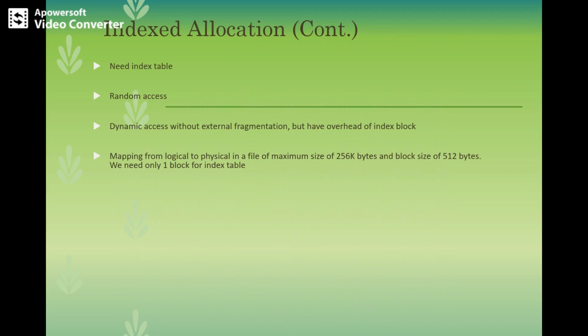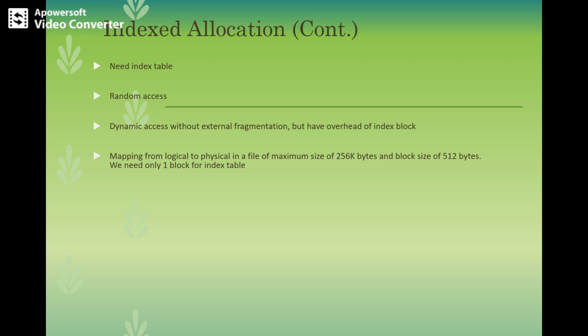What is required in this index allocation is an index table. It needs random access, and dynamic access is also possible without external fragmentation, but it has the overhead of storing those index blocks which contain all the space for the pointers.